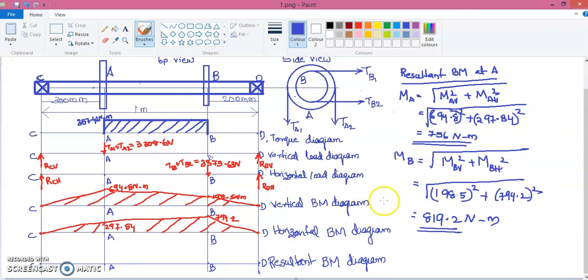So here I can represent this torque here. So at this point A, I am having 756 Newton meter. At the point B, I am having 819.2 Newton meter. This also I can draw.